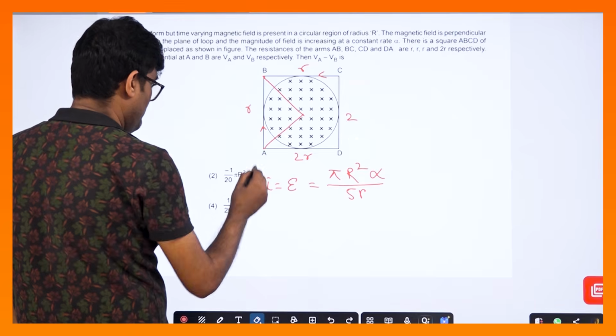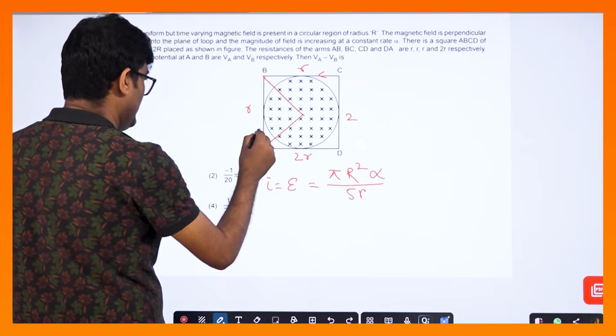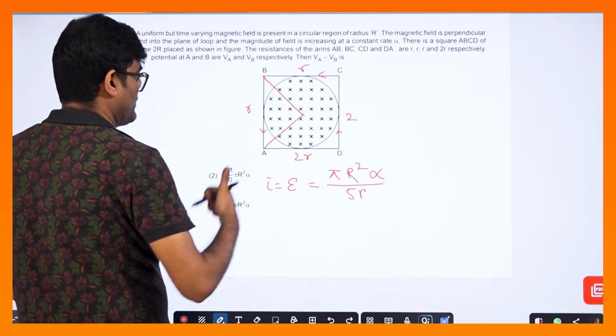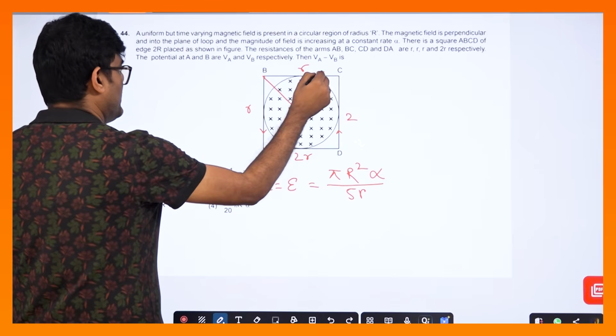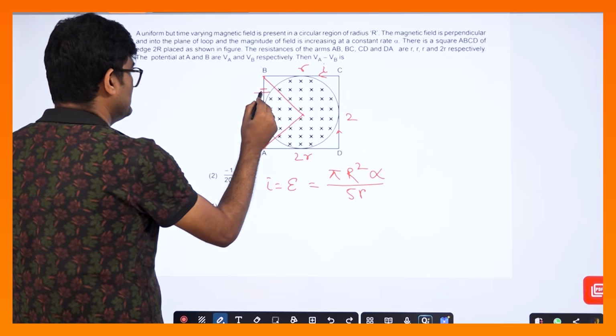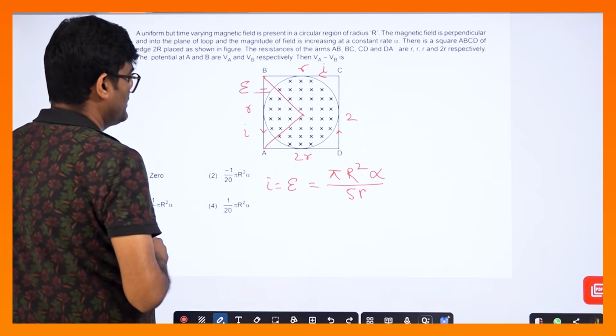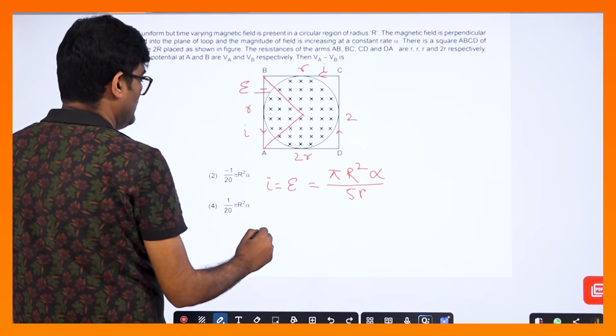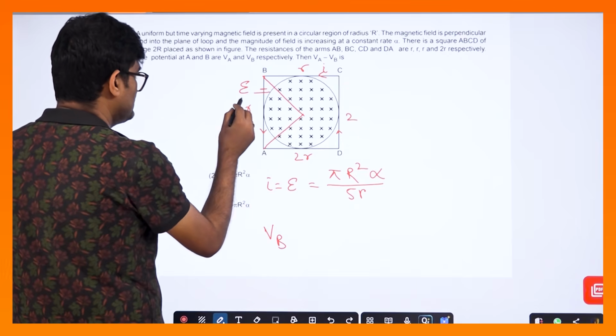I have drawn the direction of current wrong. This is the direction of current, and there is an EMF like this. So if this voltage is VB, what is this EMF?